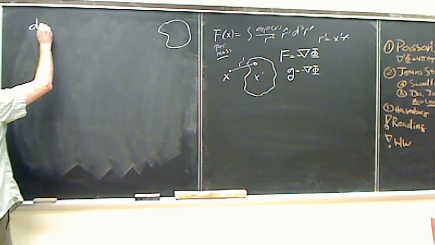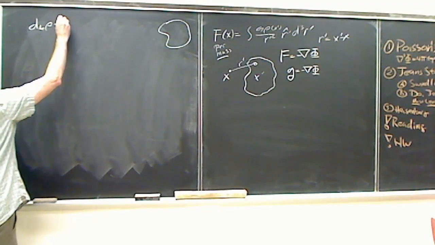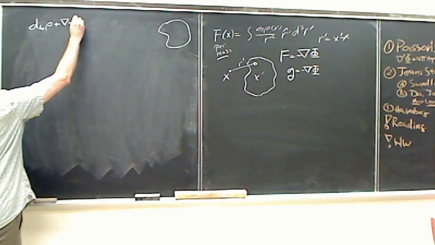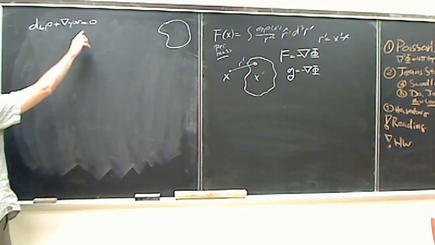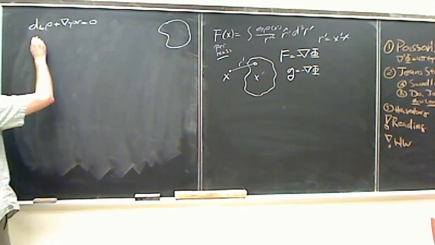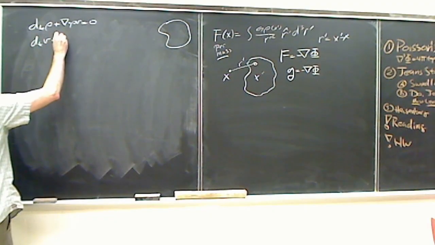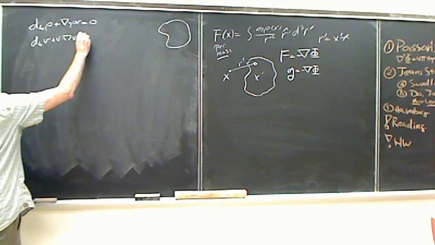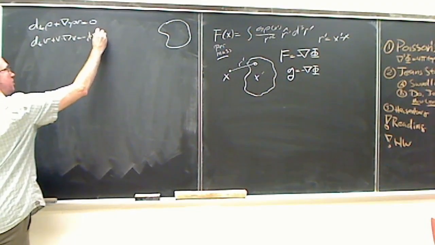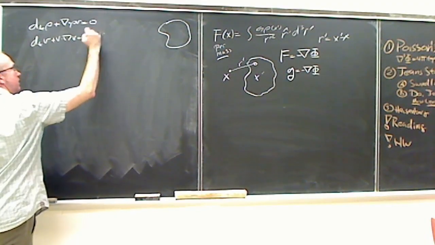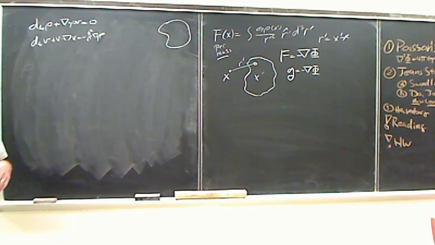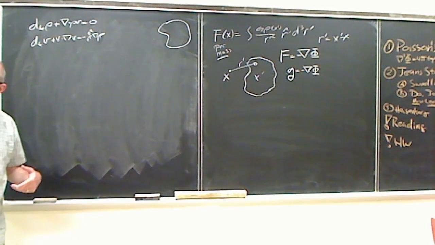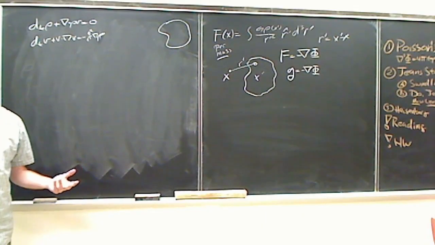We start off with ∂/∂t of rho plus div rho v equals 0. That's continuity, and that doesn't ever get changed unless you have a source of material. And then ∂/∂t of v plus v dot grad v equals minus 1 over rho grad p. And we'll just make this c squared grad rho, because we're going to assume that the perturbations are adiabatic.